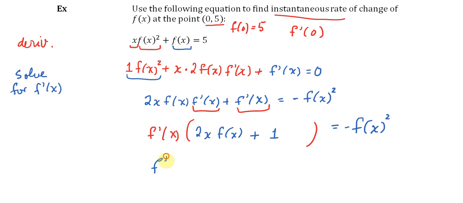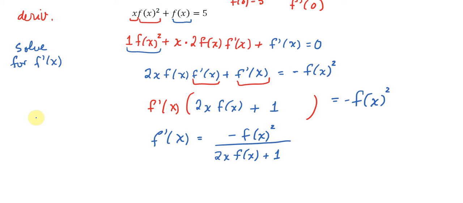Finally, we divide everything, so we get f prime is equal to negative f of x squared, all of this divided by 2x f of x plus 1. We've done the hard part of this problem. We got f prime by itself, and all we have to do now is plug in 0 for x, and that should give us our solution.